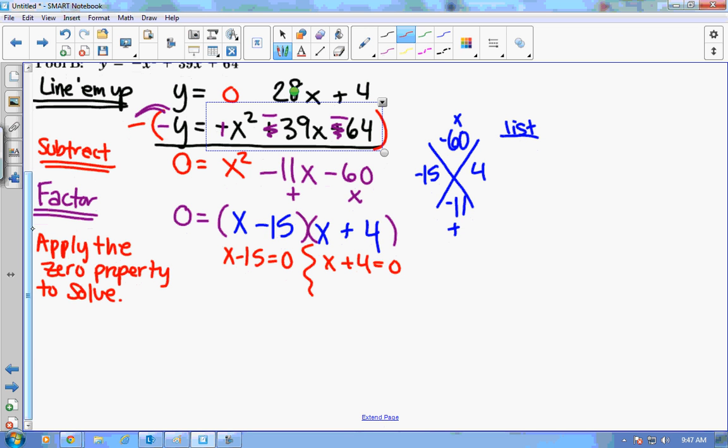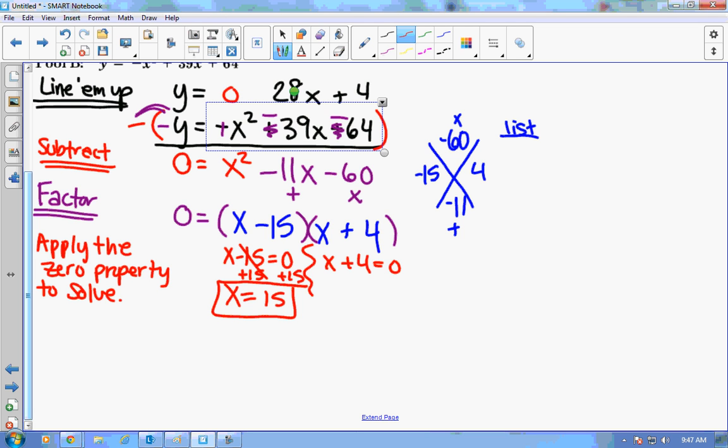So this one ends up being x equals, Christine, what will x be here? What number minus 15 equals 0? Okay, so if you need help, we can do the inverse. So yeah, it's just the opposite sign.